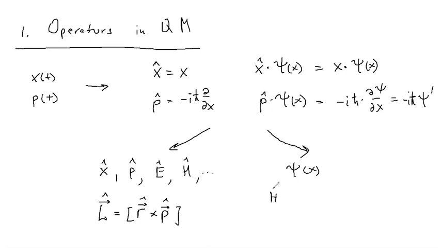Operator H acting on the state will be some energy. Or you can write a time-dependent equation. Operator of energy equals Hamiltonian applied to the wave function. Last time we were trying to solve this stationary, time independent Schrödinger equation for the infinite well and finite square well potential.